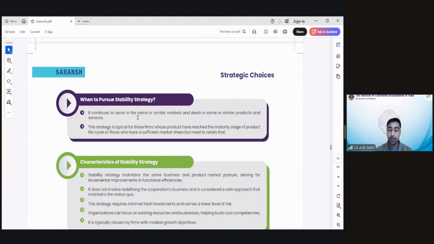Now, stability strategy is when you think you are doing great. There is no more potential. There is potential for growth, but not exponential growth. I keep saying this: stability does not mean you will not grow.